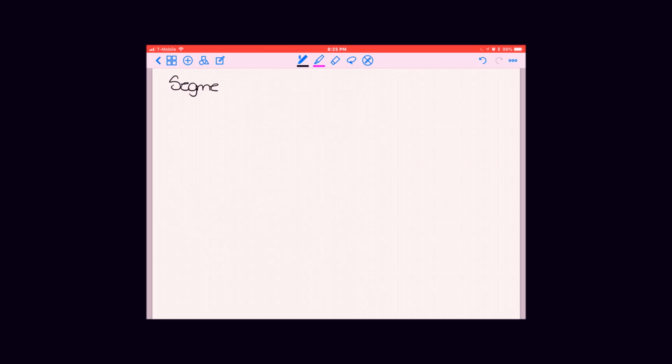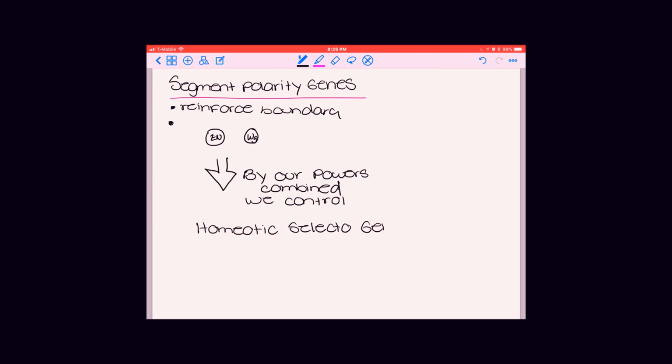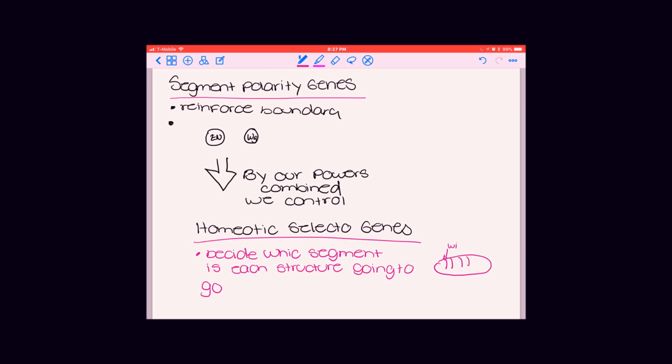They also encode transcription factors that activate the segment polarity genes, which reinforce the boundary of the parasegments that was set up by the pair-rule genes. They also help determine cell fate through cell interactions in each parasegment. Finally, all three of these gene classes work together to regulate the homeotic selector genes. These genes specify what structure goes into each of those segments.